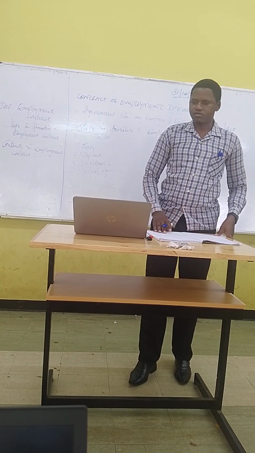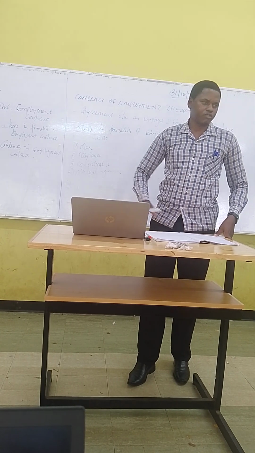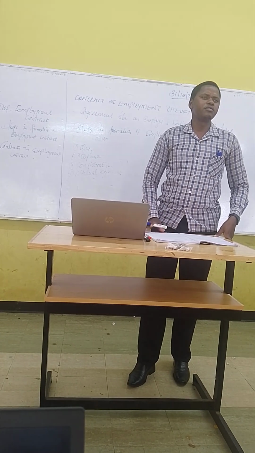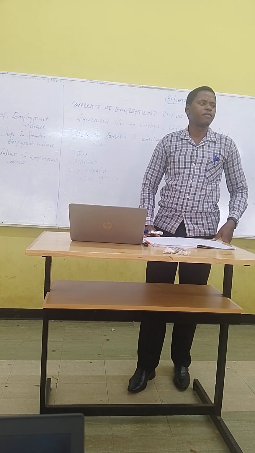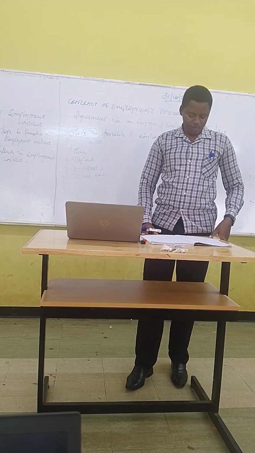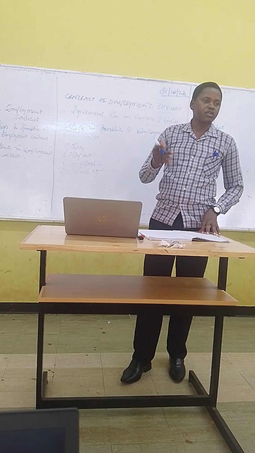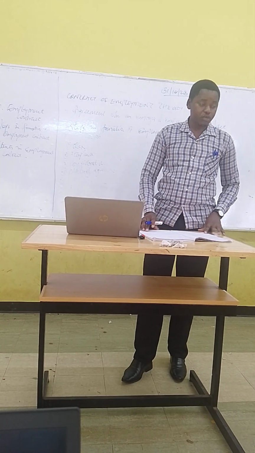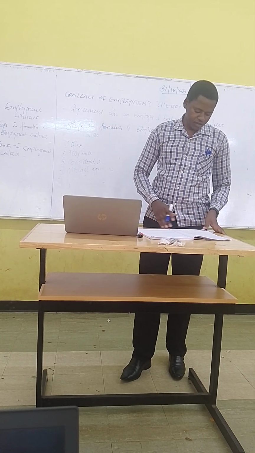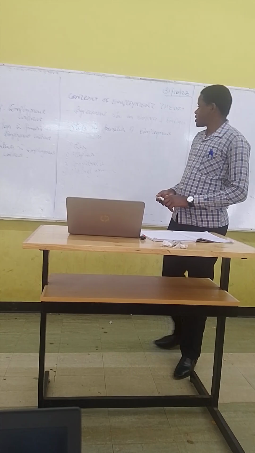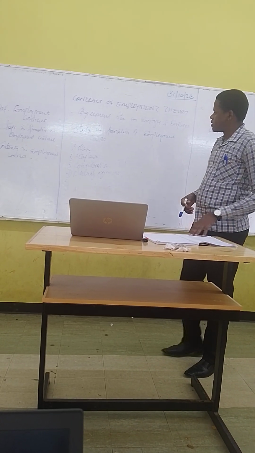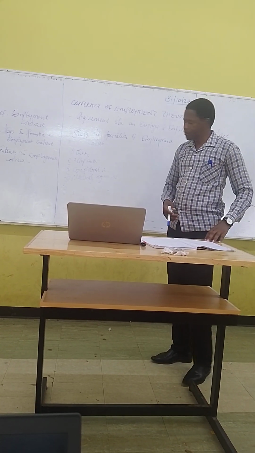You've no evidence to show that you are working for that organization. Do you think you will manage? No. Not really, because you've no evidence. That is why there should be a document which is signed by both the parties to show that you've been working for that organization. That is all about the steps in forming employment contract.